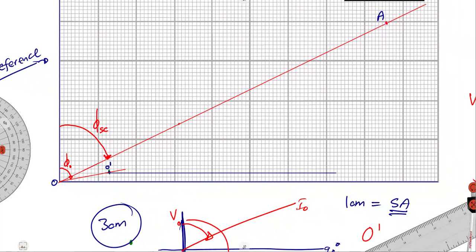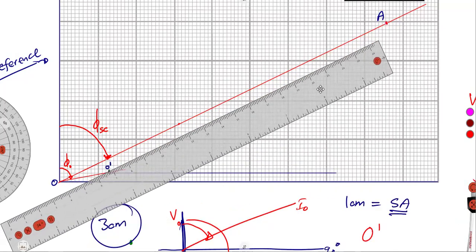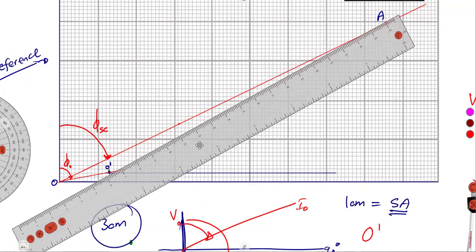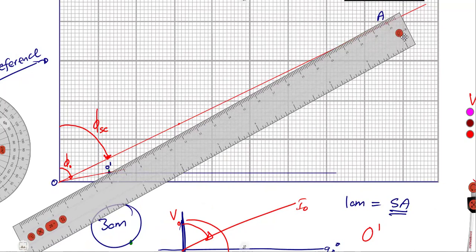The output line is this O bar to point A. That's our output line. So let me draw the output line. You're going to need to join those two, from O bar, the referred value, to point A.